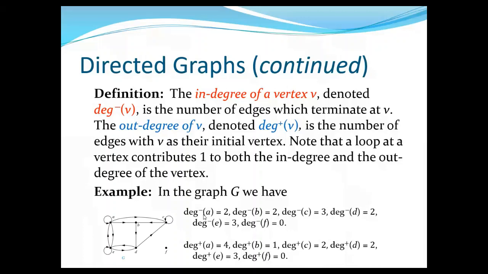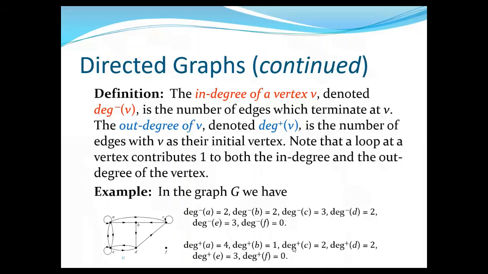Now let's discuss the out degree, going out. So degree out at A. We have going out from A, going to C, so we have 1. Going out from A, going to E, we have 2. And going out from A, going to B, we have 3. And going out from A and going to A, so we have 4.